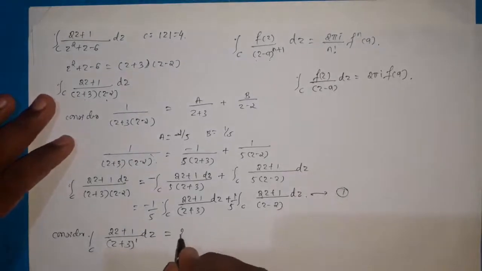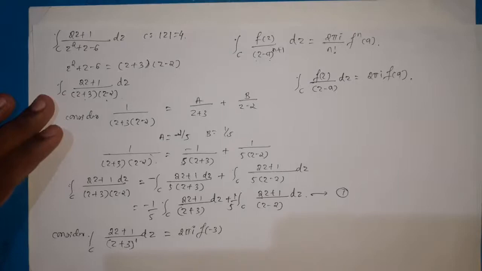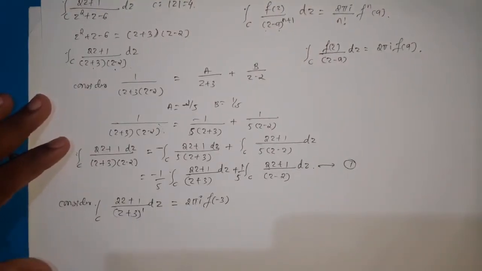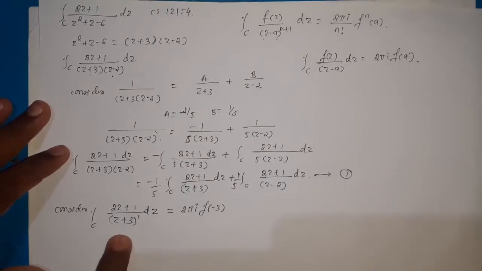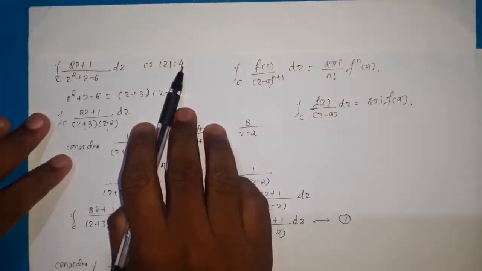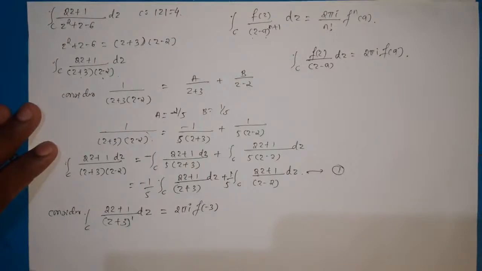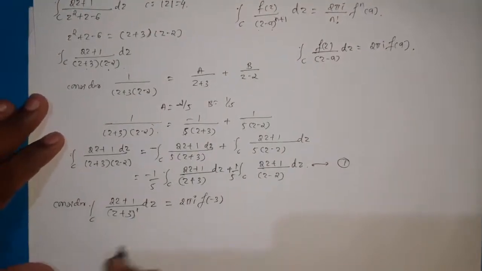So therefore here 2 pi i f of minus 3, because here it is z plus 3, meaning a is equal to minus 3, and the value of the radius is 4. So minus 3 is less than 4, hence the point lies inside the circle. Then we can evaluate the value. Then f of minus 3 is equal to what?